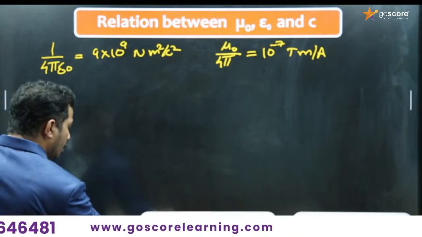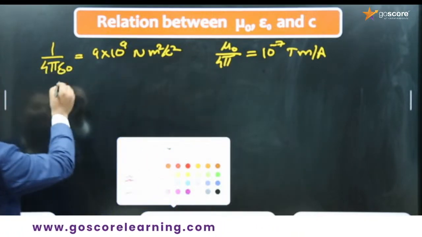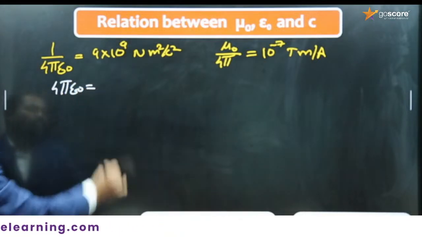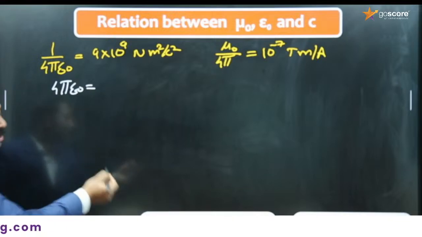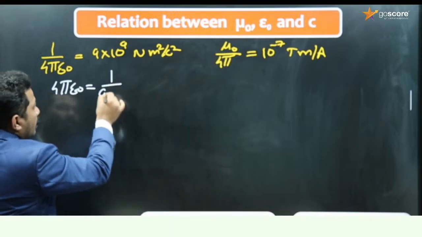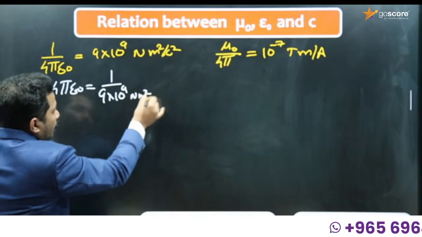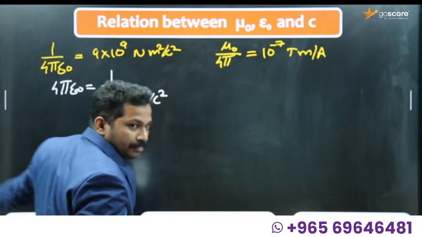So from this equation, what is 4 pi epsilon 0? Simply 1 by 9 into 10 to the power 9 Newton meter square per Coulomb square, right?